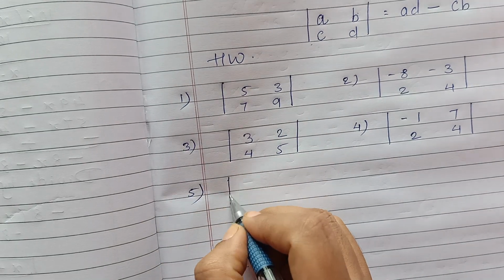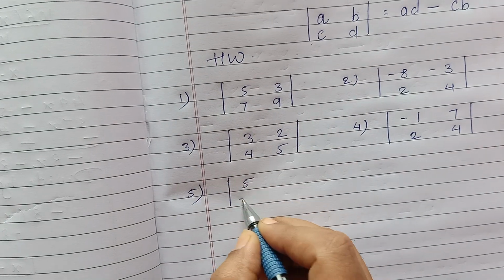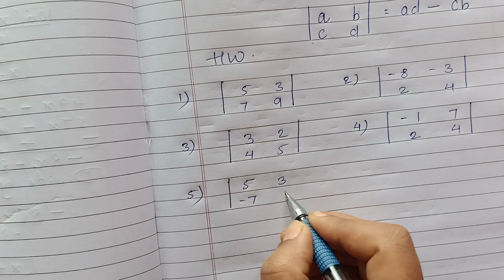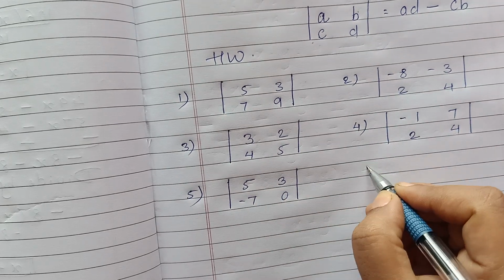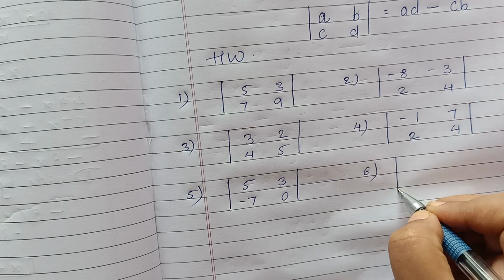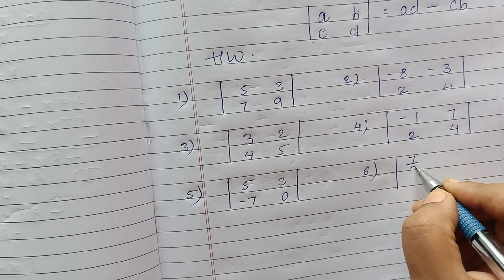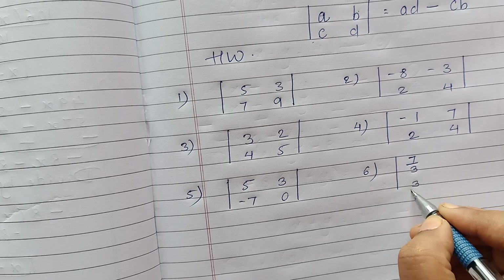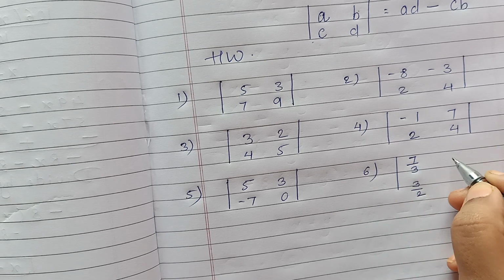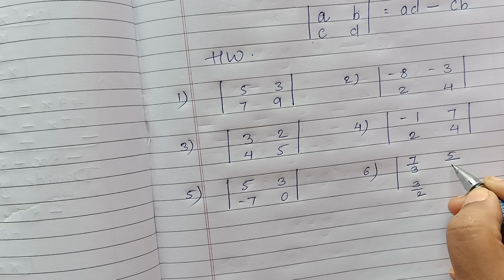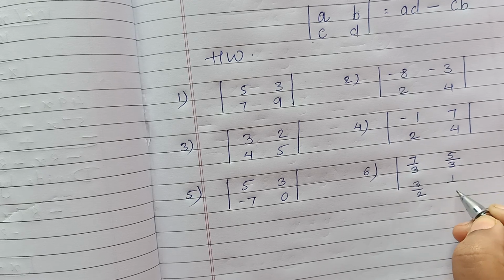Fifth one, 5, -7, 3, 0. And sixth one, 7 upon 3, 3 upon 2, 5 upon 3, 1 upon 2.